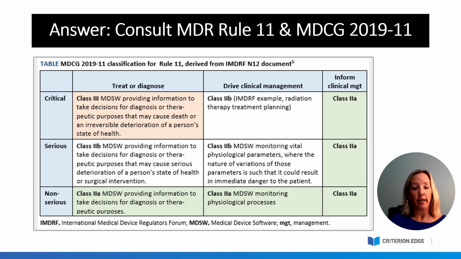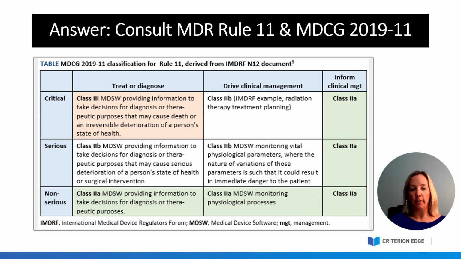But either way, if you believe that the risk class is class 2B, then according to the guidance and according to the MDR Rule 11, it would be considered to cause serious risk to the patient, as you can see here in the second row down in the first column, treat or diagnose, based on the fact that it may cause serious deterioration of a person's state of health or surgical intervention, using that because that diagnostic information informs the treatment regimen, treatment plan.